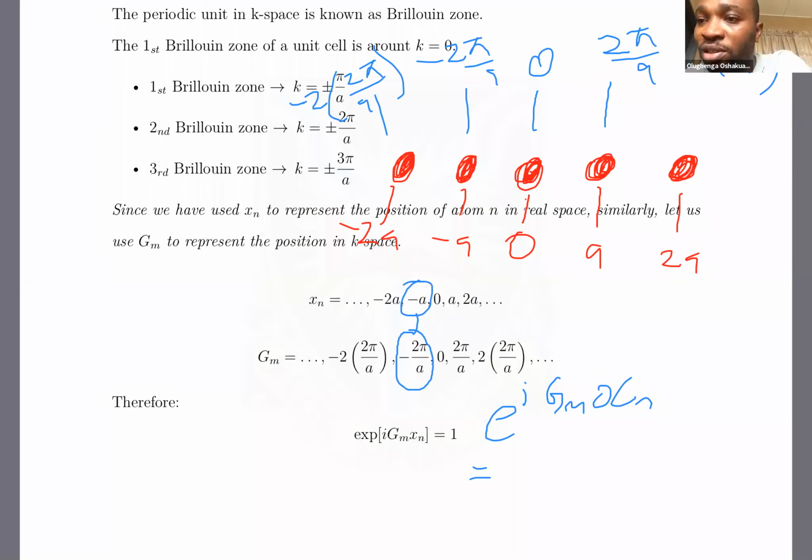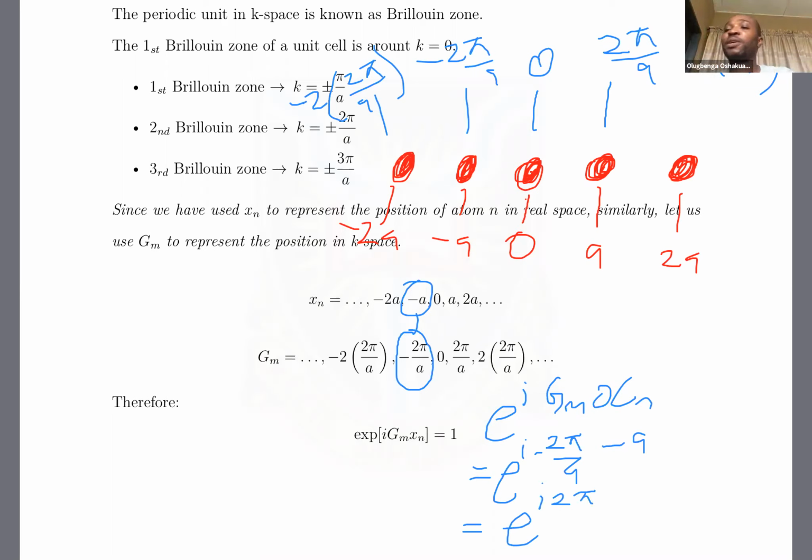That should be gm equals minus 2 pi over a, and xn equals minus a. This will give us e to the i 2 pi.